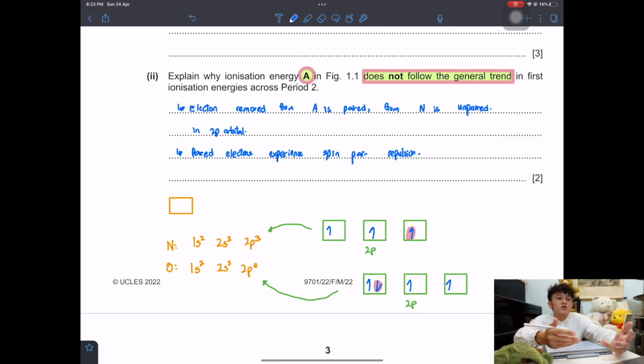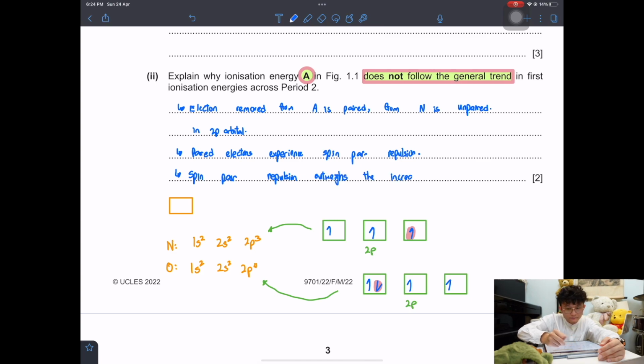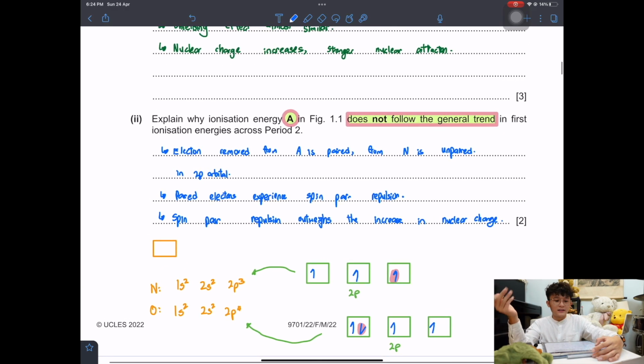Apart from spin pair repulsion, what else do you have? This spin pair repulsion outweighs the increase in nuclear charge. Okay, cool. So done. Next part.